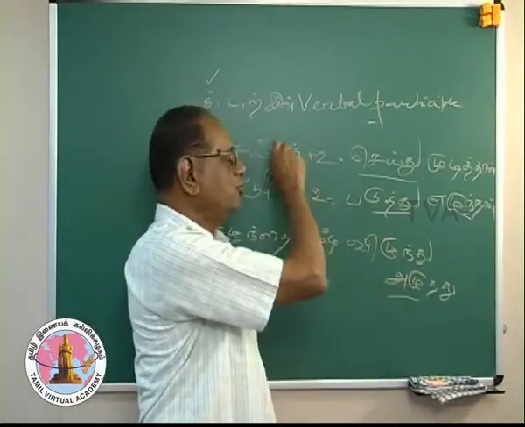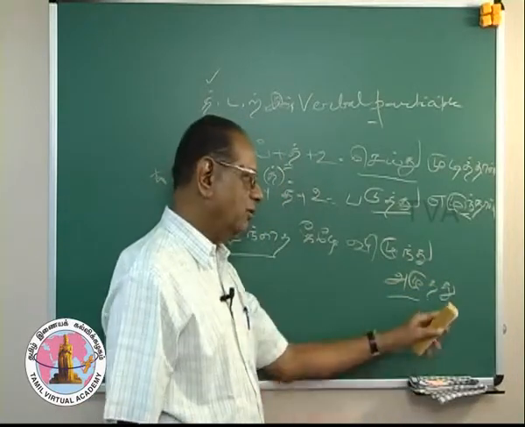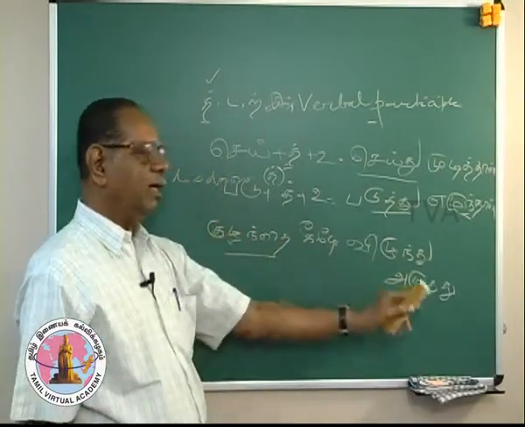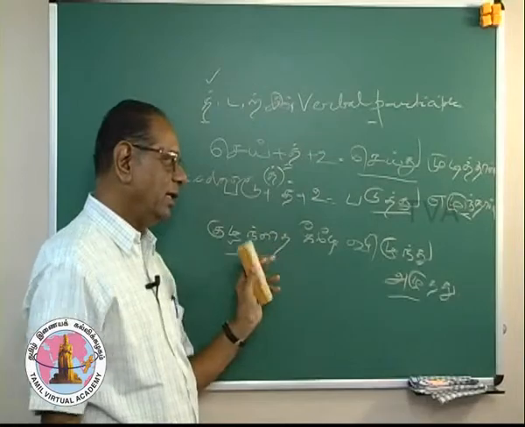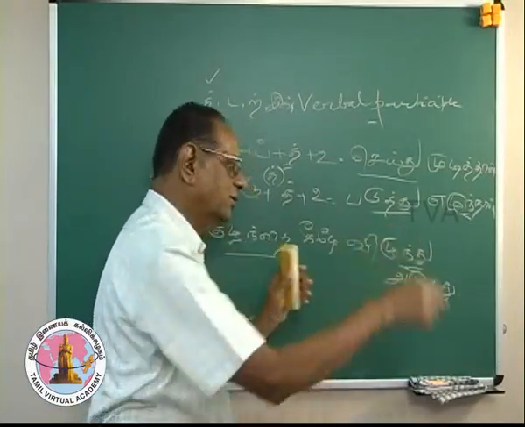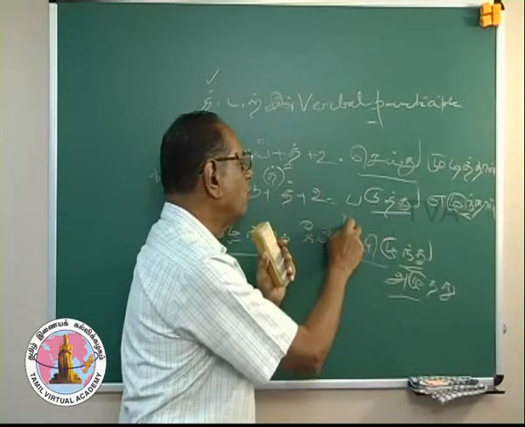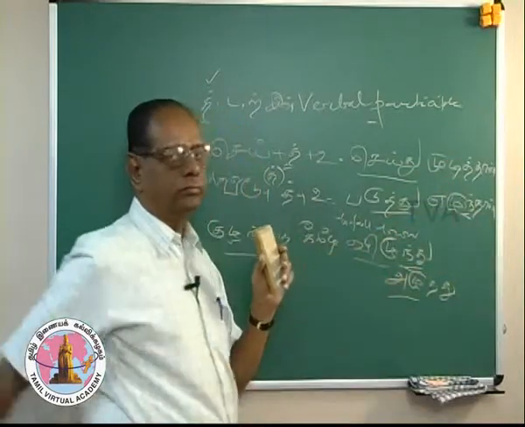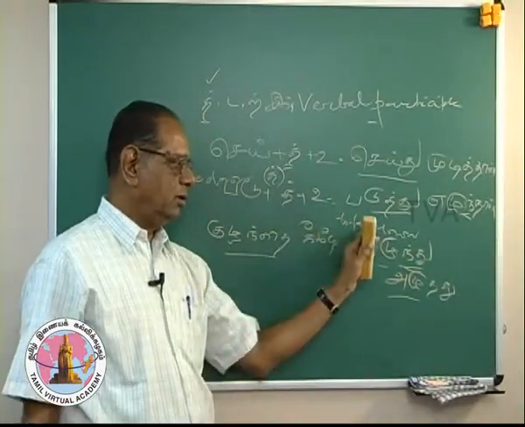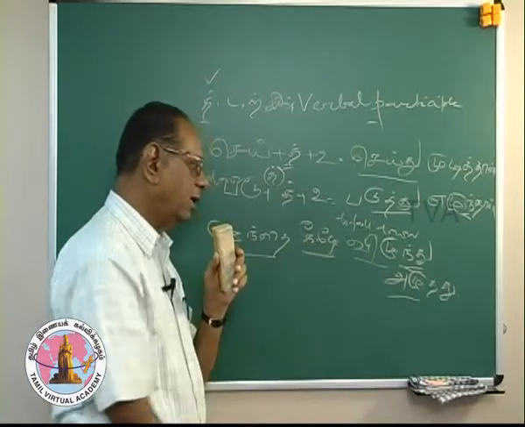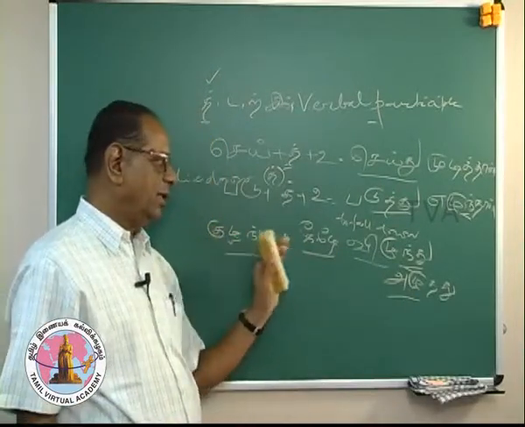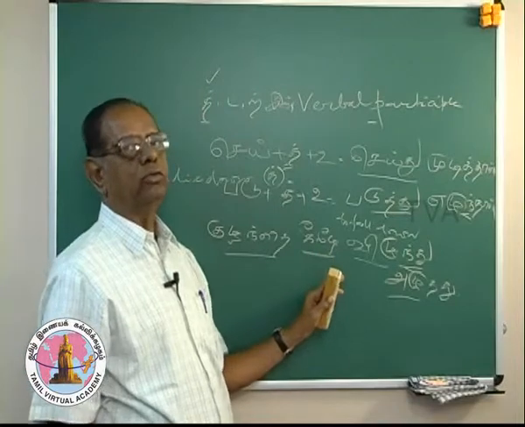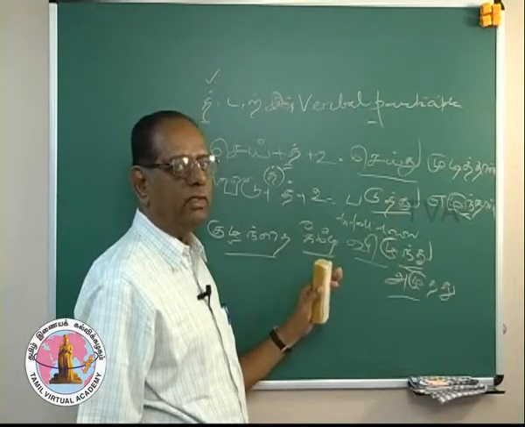It has taken this tense marker it, and adu is the person marker for the third person singular neuter gender. விழு to fall down. கீழே down. குழந்தை கீழே விழுந்து அழுதது. Can you find out the tense of this sentence?